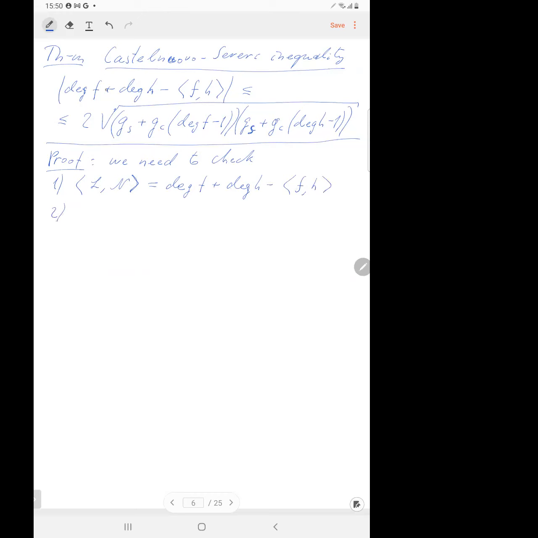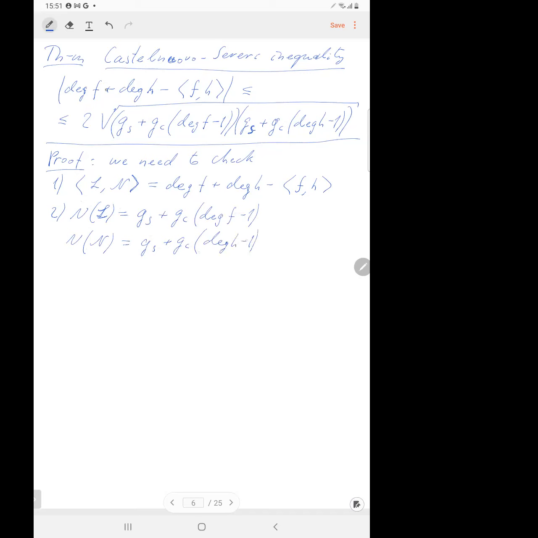And second, that the defect of L is the first factor, so the genus of S plus genus of C times degree of f minus 1, and the defect of N is again genus of S plus genus of C times degree of h minus 1.